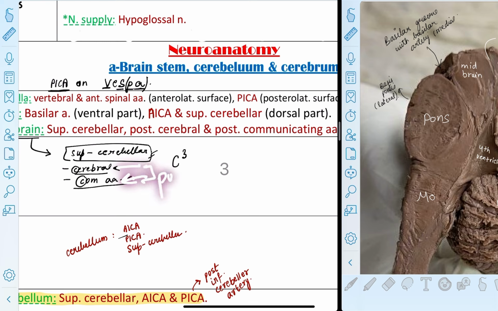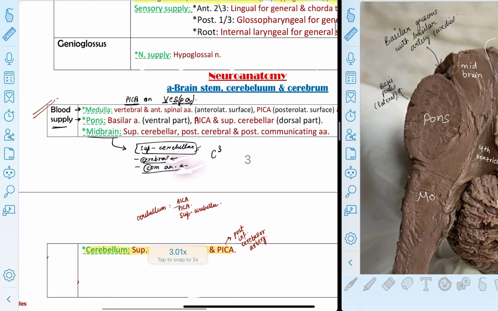These two are posterior, and cerebellar has to be superior. That's how you're going to remember the blood supply to the midbrain.